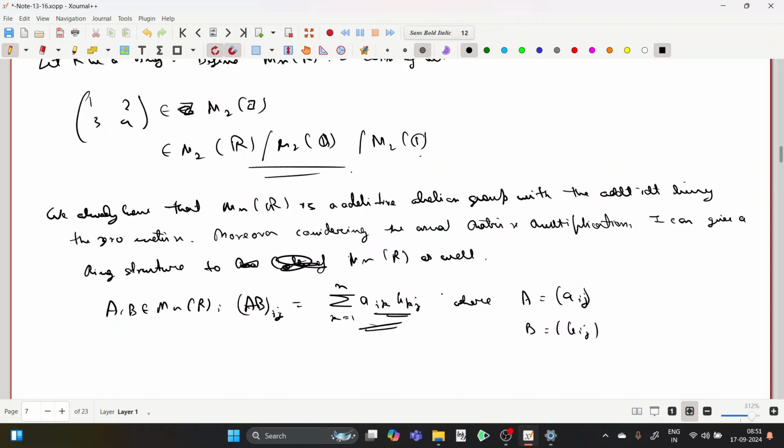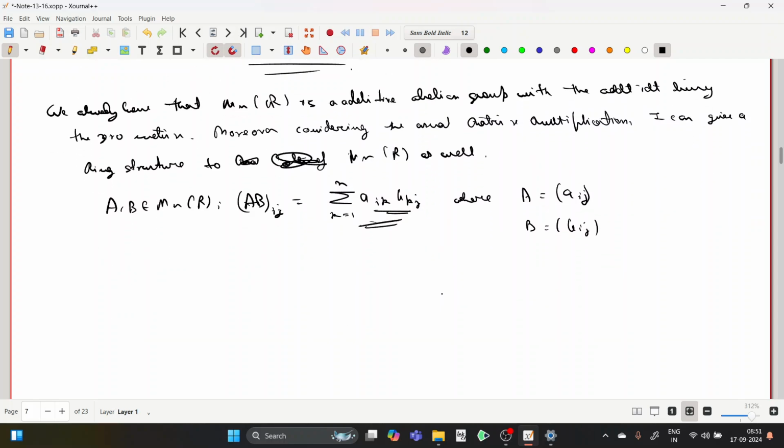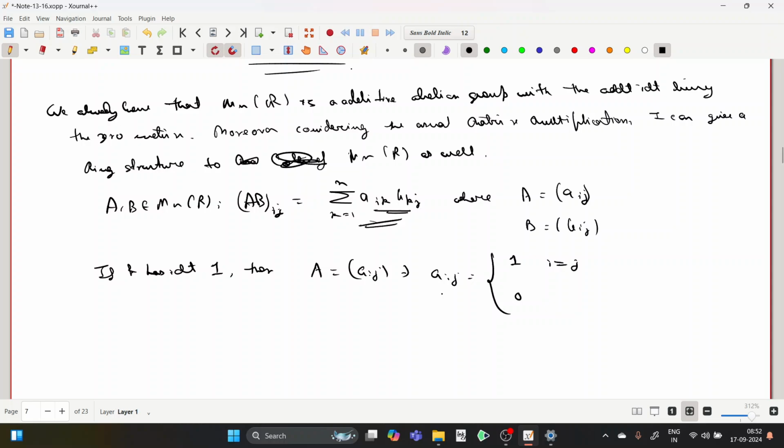Moreover, if R has identity 1, then if I choose the matrix A = (a_ij) such that a_ij has the value 1 whenever i equals j and 0 otherwise, this is just the identity matrix, and you can easily observe that this identity matrix works as the multiplicative identity of M_n(R), right? You can easily follow it up.